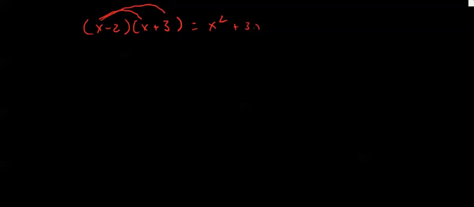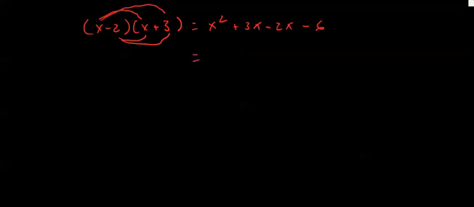The other common way that we factor is by reversing the process from yesterday. I didn't tell you the name of it yesterday. So if we look at what we did yesterday, x minus 2 times x plus 3, we multiplied binomials. x times x, x squared, x times 3, 3x, minus 2x, and minus 6.